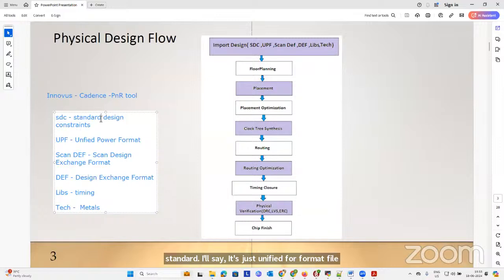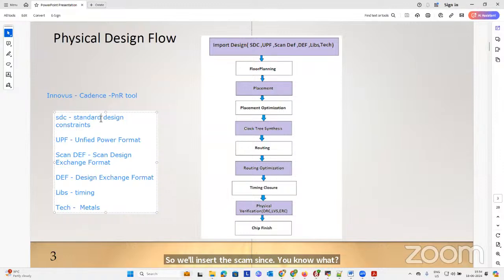And scan-DEF comes from doing the DFT. As we have told, if some logic in the chip is not working, we use the scan cells to scan the design. That scan-DEF file will be given by DFT. That is also from the library. So we will insert those scan cells in our design. Next is design exchange format.